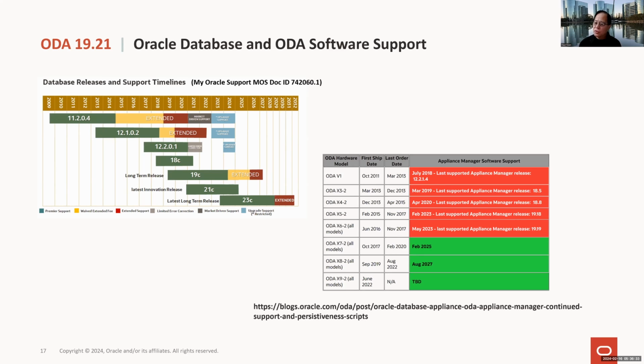However, you'll still continue to get support from Oracle. You can actually continue to patch your database. It's just that the ODA software itself will reach a terminal release point after 8 years. And most of our customers typically refresh their hardware within that 8 year time frame.